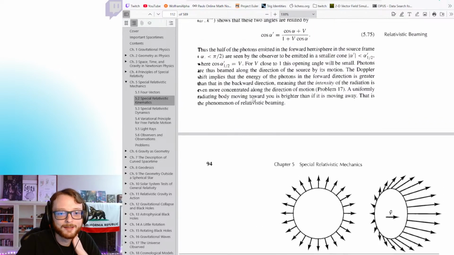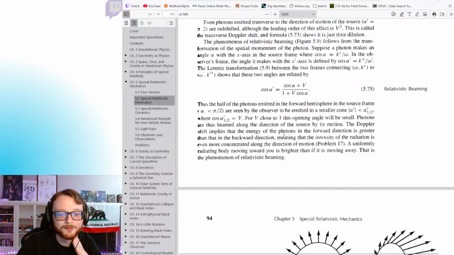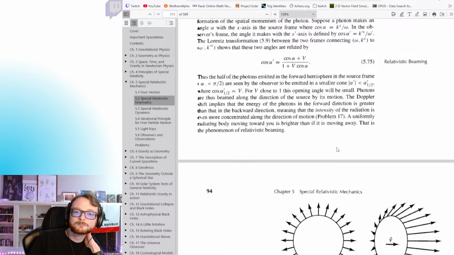I was trying to figure out what equation 5.75, with the alpha prime, actually means. I didn't get it. You know what 5.75 looks like? It looks kind of like the tangent sum formula, doesn't it?